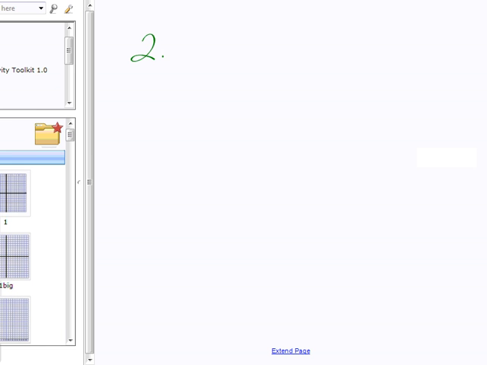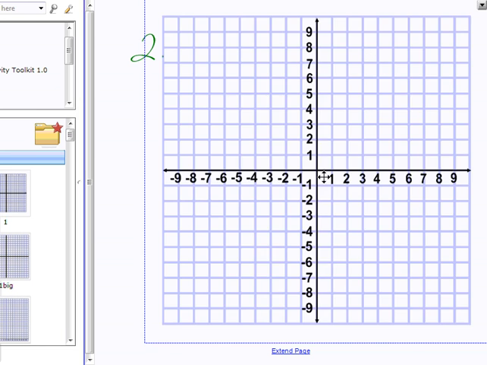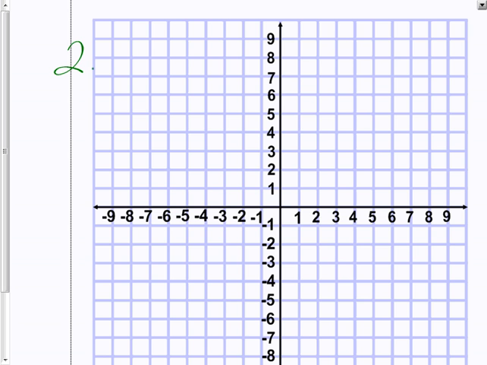Okay, moving on to number 2. I'm going to pull up a graph for that. And it says that it is negative 2x minus 1 between negative 2 and 1, less than or equal to 1.